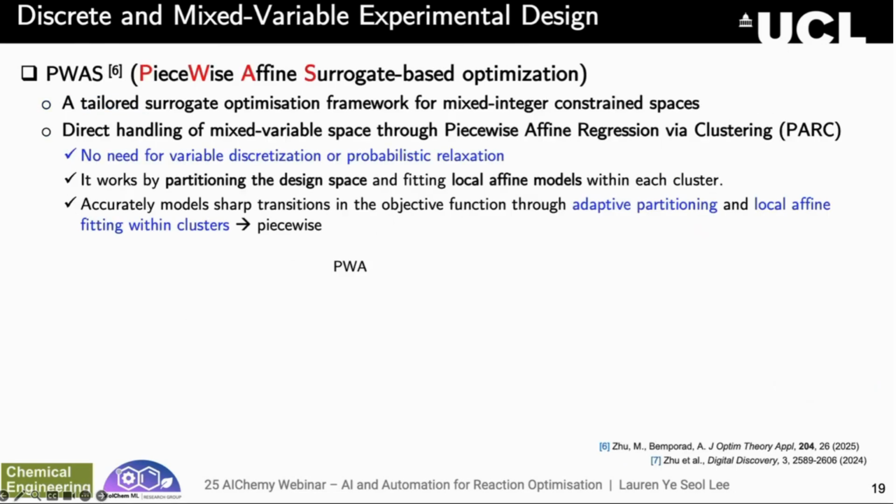So how do we deal with this mixed-integer constrained design space? We used a method called piecewise affine surrogate modeling, or PWAS, which handles mixed variable inputs directly. So no discretization, no relaxations are introduced here.